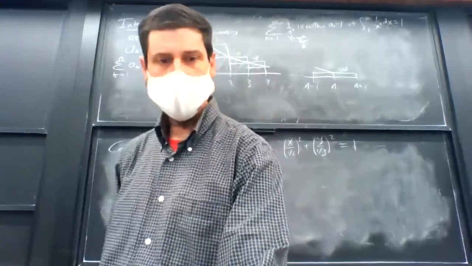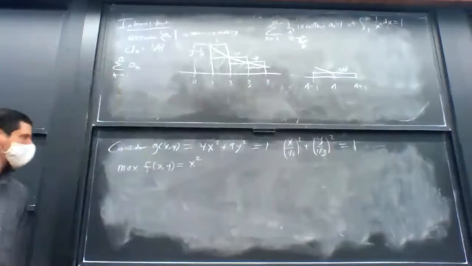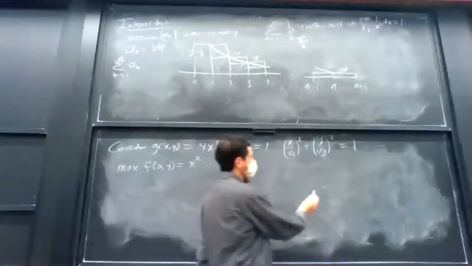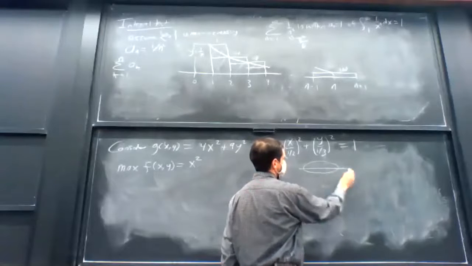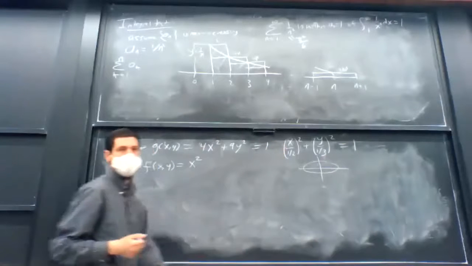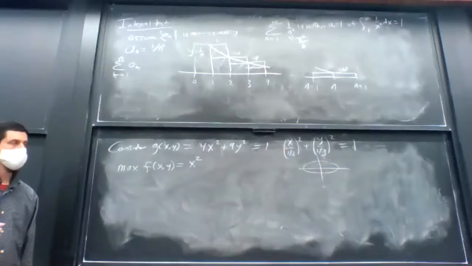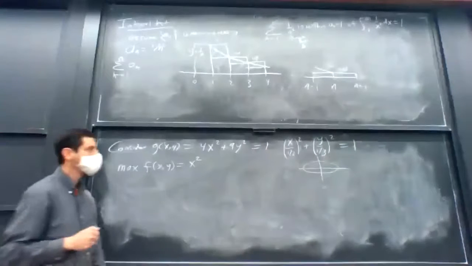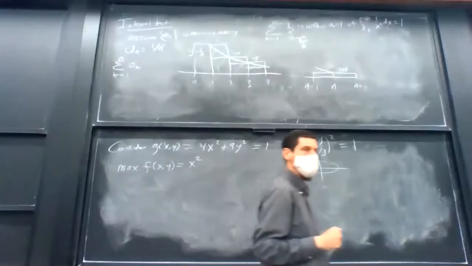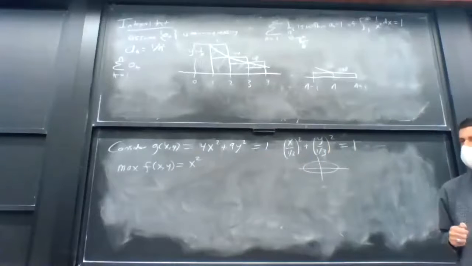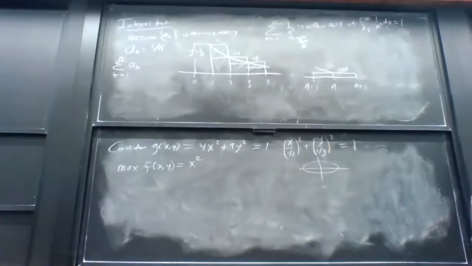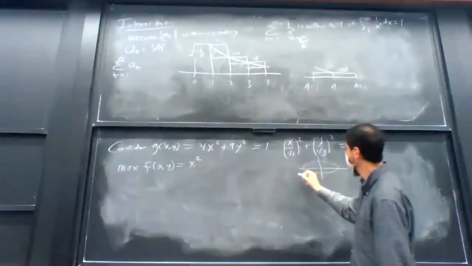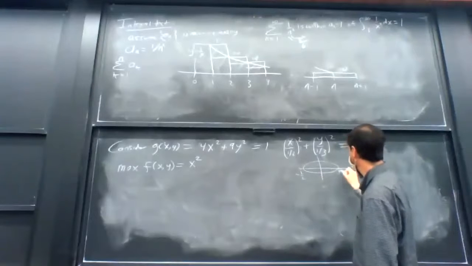Okay, so when you look at your function, where do you think the function x squared is going to be largest on this ellipse? So x goes from -1/2 to 1/2.